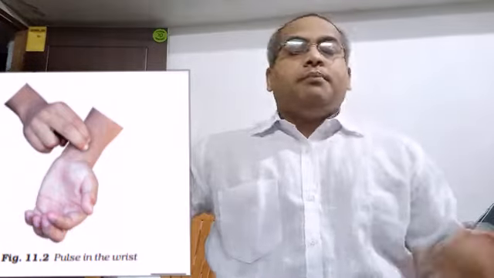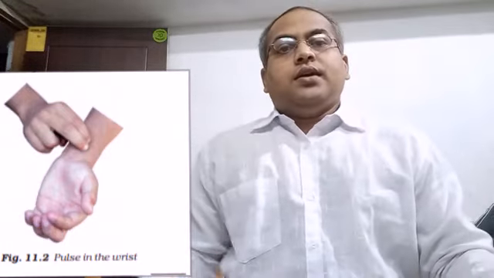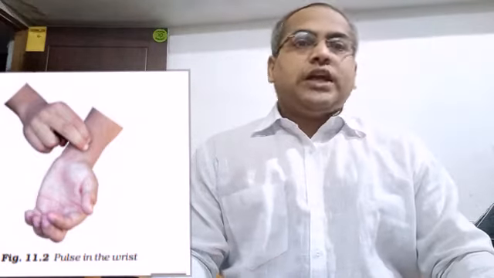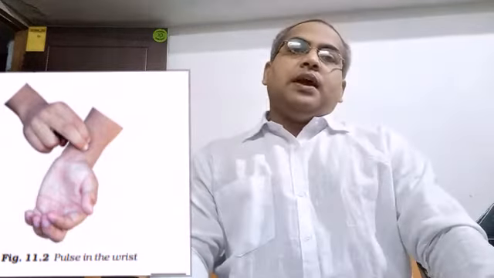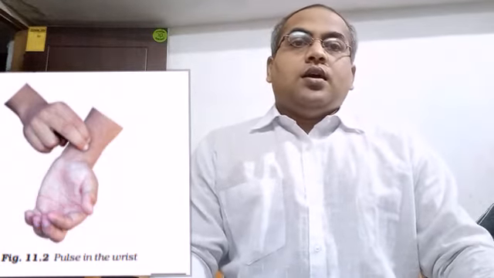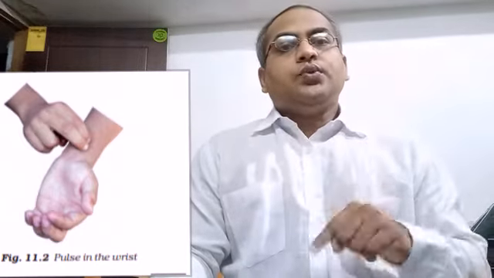So these blood vessels are mainly differentiated into two types, arteries and veins. There is a third type also, that is called blood capillaries, but mainly arteries and veins. The arteries are very thick-walled structures and they carry blood from the heart to the different parts of the body.